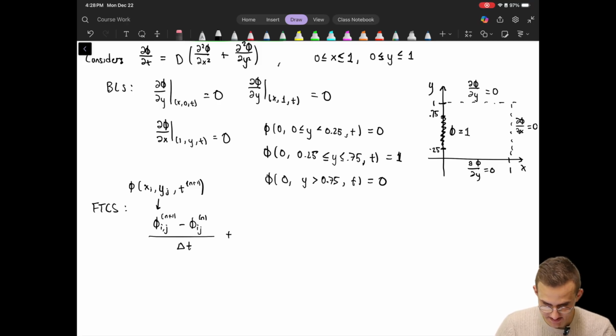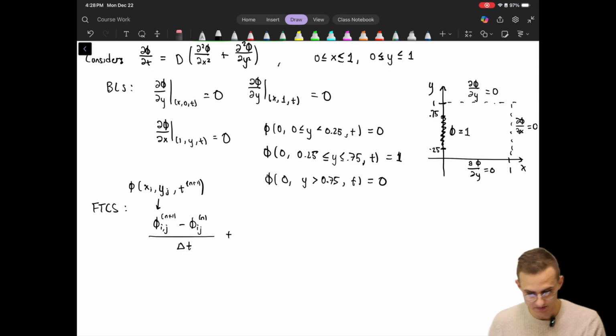plus, and then this is where we just apply the central difference operators, but one is in x and one is in y.